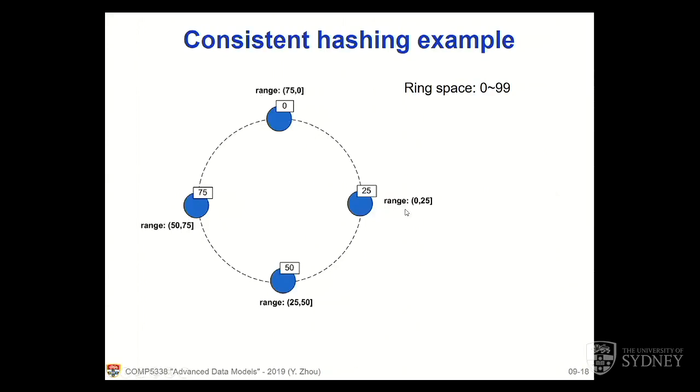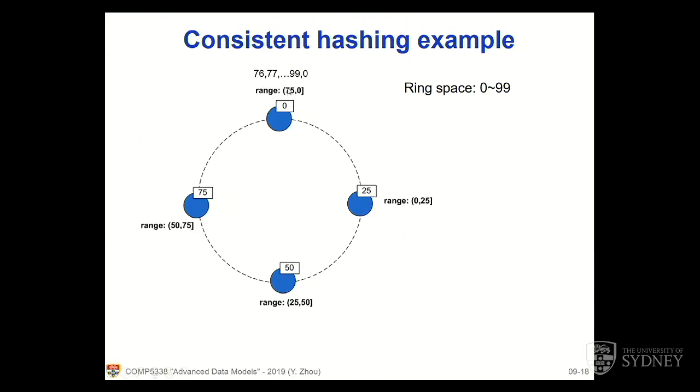So that's how we decide the range. So this is the ring, and it's going this way. And this is this node, and its predecessor's token is 0, so the range is from 0 to 25. Here I'm using this end as open and this end as closed. So it's greater than 0 and less than or equal to 25.